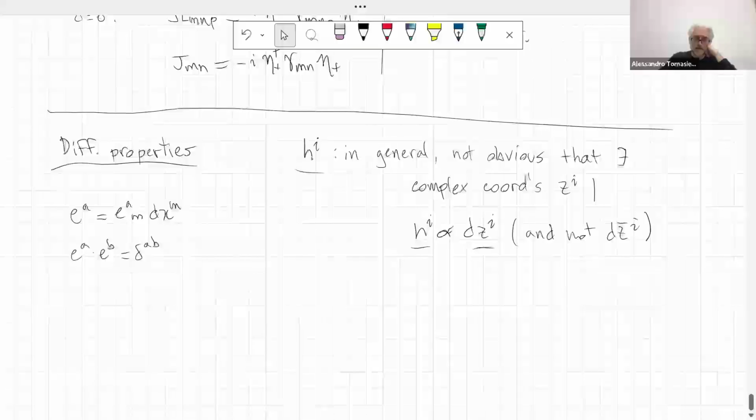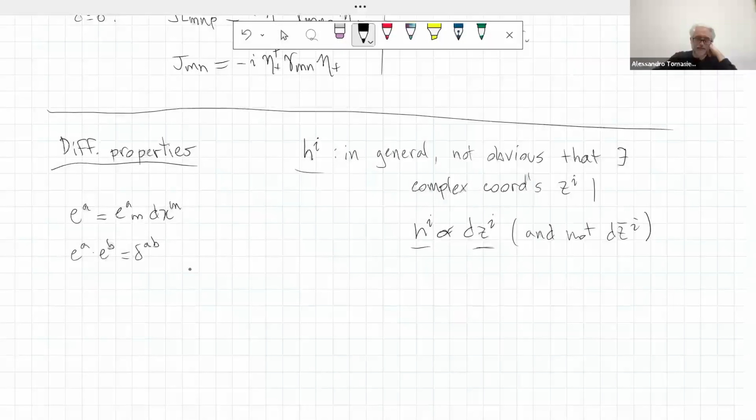So if they exist, these define a complex structure.